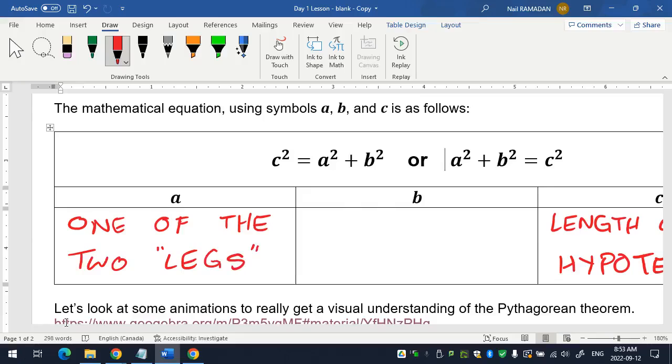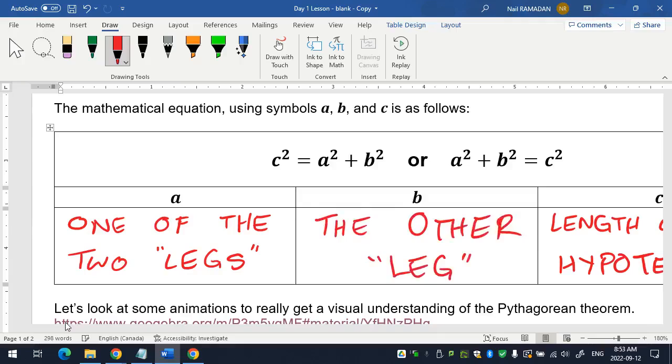So A must be one of the two legs, which means B is the other leg. That's it. Whether they are equal or one is different from the other, who cares? The Pythagorean theorem has not failed once in thousands of years, and it should not.